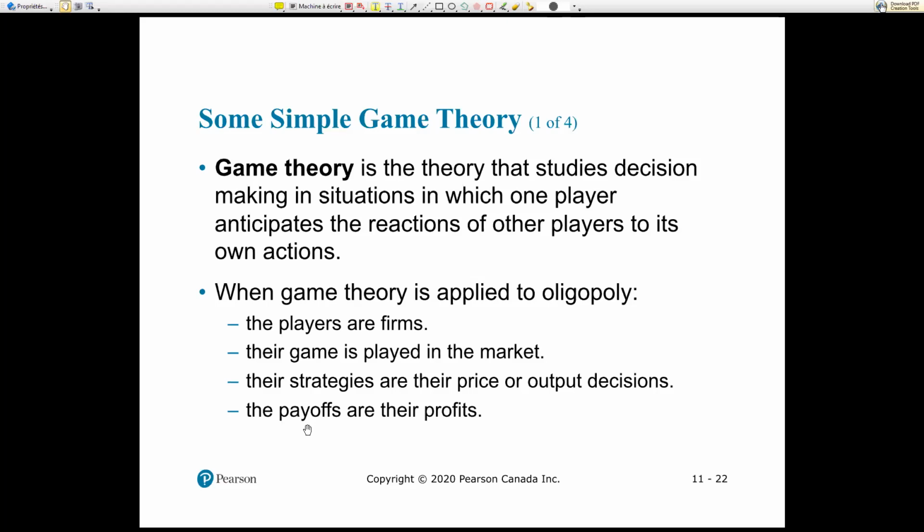Payoff is whatever you try to maximize. If you're playing checkers, for instance, the payoff is that you win, you get 1 point, and you lose, you get 0 points. If it's a game of oligopoly, then you win by having the most profit, and you lose by having the least profit.